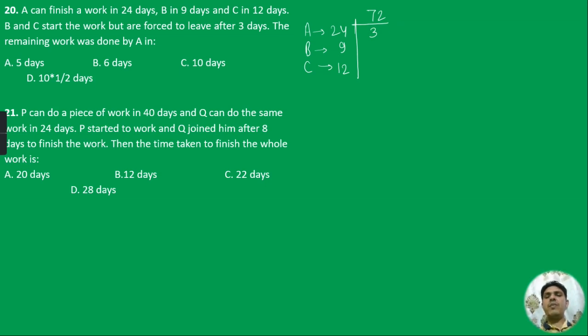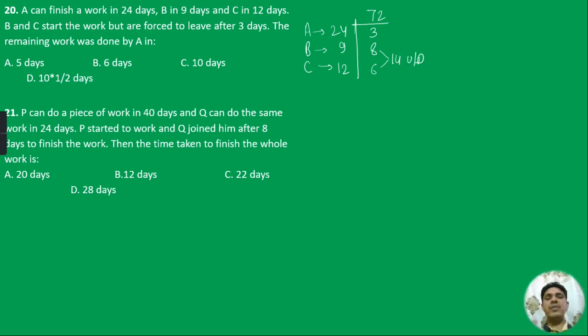The 1 day work of B will be 8 units per day. And the 1 day work of C will be 72 divided by 12, that is 6 units per day, right? He is saying that B and C started the work. So the 1 day work of B and C together will be 14 units per day.